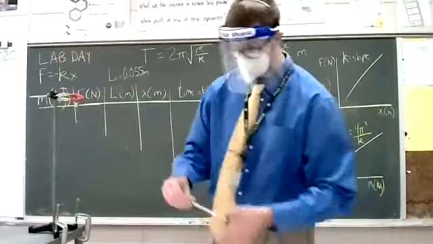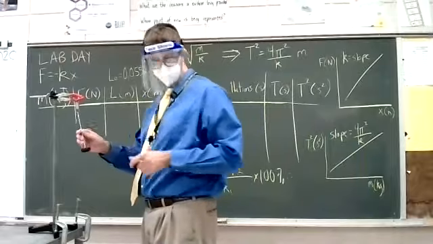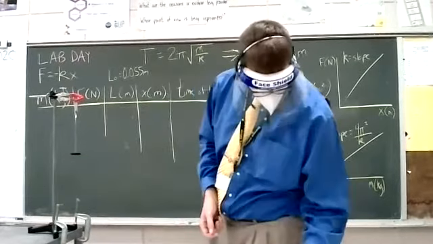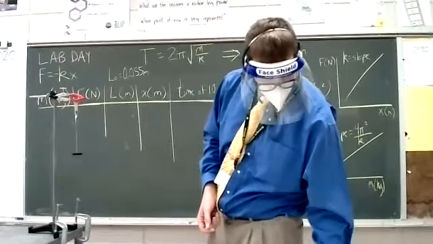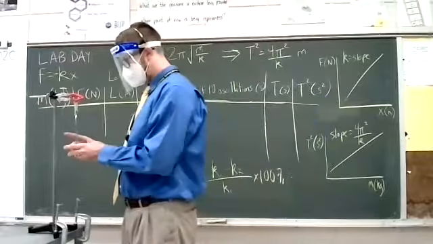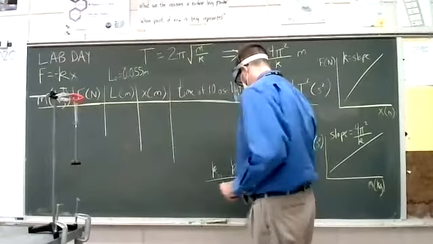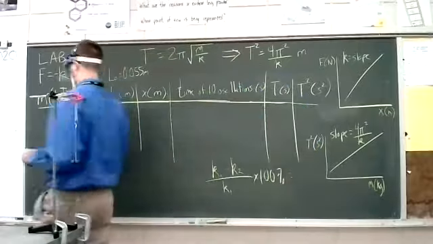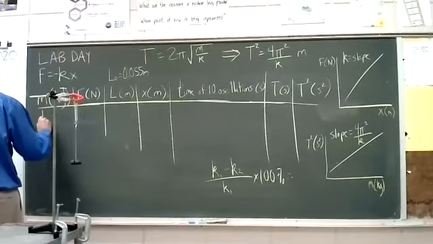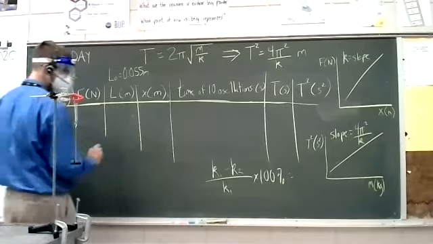All right, so we'll start. Remember, this is a 50-gram mass hanger, but these are all 100-gram masses, I'm pretty sure. So we'll start with 150 grams of mass. So that's 0.150 kilograms.